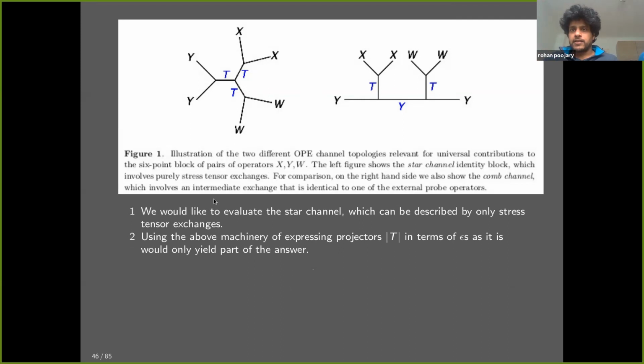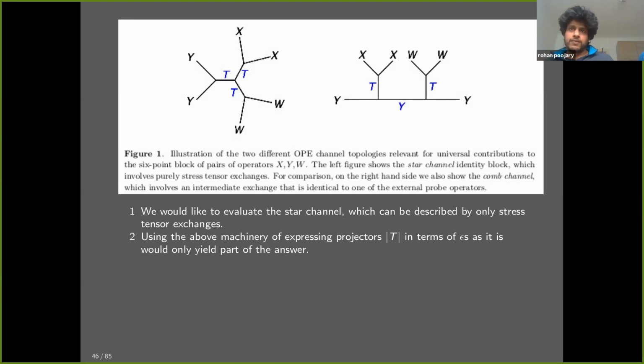So we will use the machinery we just developed to understand the 6-point conformal block of identical light operators, and we will look at the 1/c expansion of this. The reason we want to do that is that you can have an out of time ordering which yields a scrambling time twice the scrambling time of the 4-point function. So it's an even more fine-grained measure of chaos.